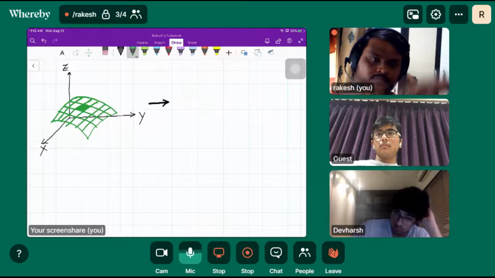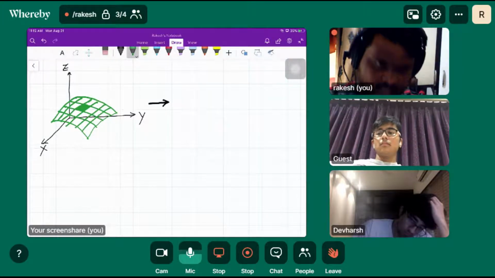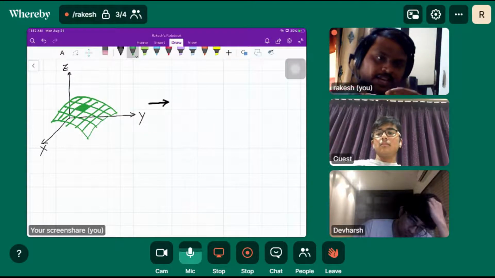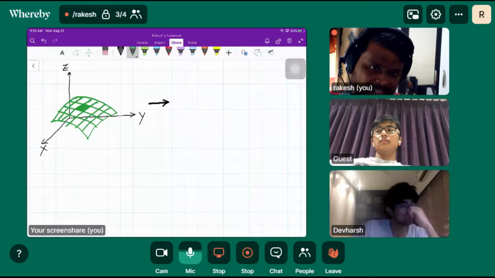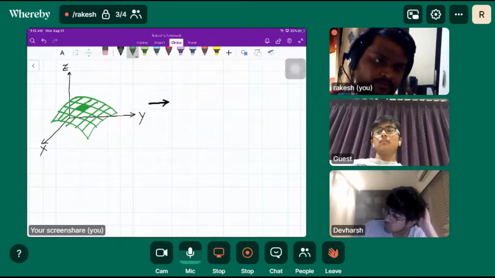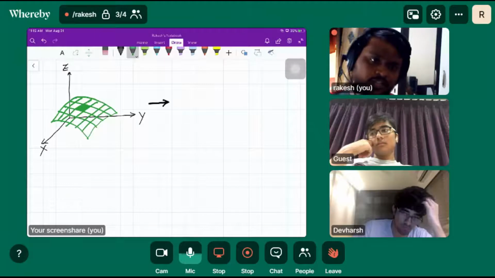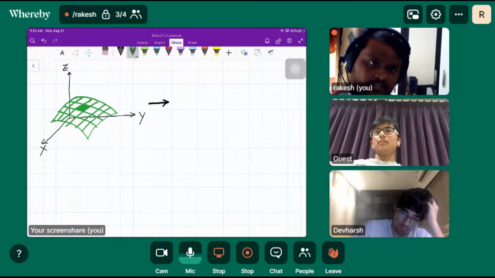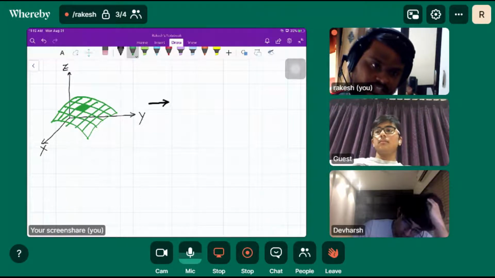If you look at this from the top of it, this patch will be seen as a region on the xy plane for now, right? The projection of this patch will be on the xy plane, that will give you the planar region, right? Now that can be dealt with by double integration, right?